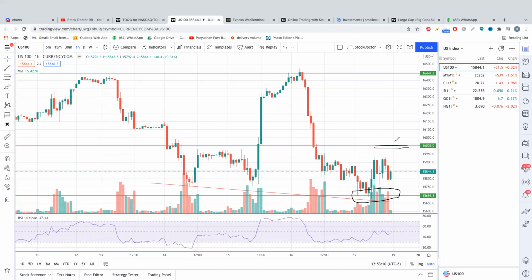If it crosses above 16,000 points and stays there for a few hours, then definitely the first target will be 16,150, the second target will be 16,200, and the next target is 16,350. So our idea is clear, right? If the market sustains above 16,000, then you can see all these targets, right?